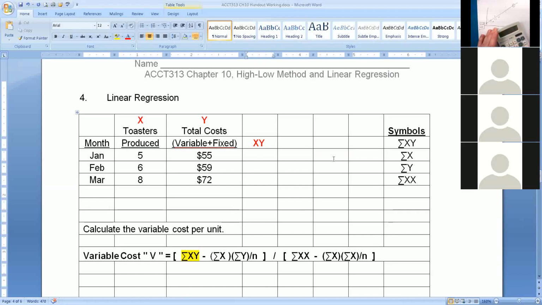Turn the calculator on. That's a tip, people. Write that down. So 5 times 55 equals 275. All I did is multiply the x times the y. So we're going to multiply all these out. The next one would be 6 times 59.